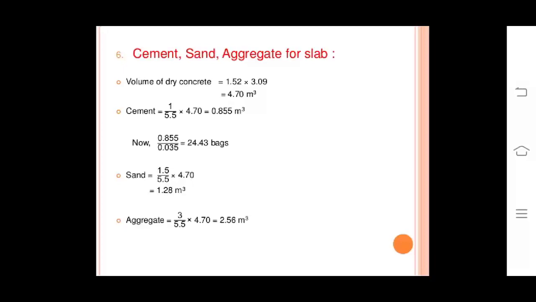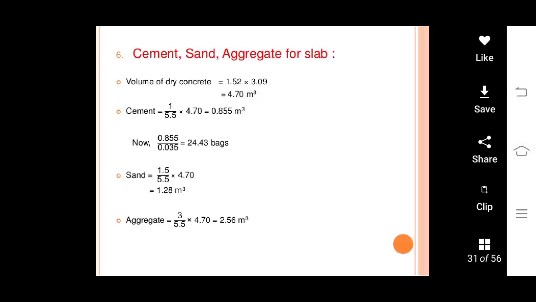Calculation of quantities of cement, sand and aggregate for slab. Volume of dry concrete is equal to 1.52 into 3.09, that is 4.70 meter cube. The dry volume is calculated because after addition of water the volume of the concrete will get reduced.